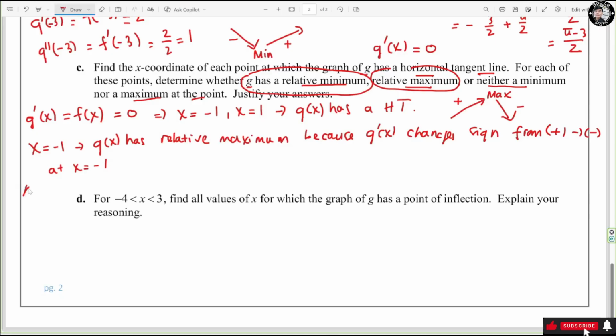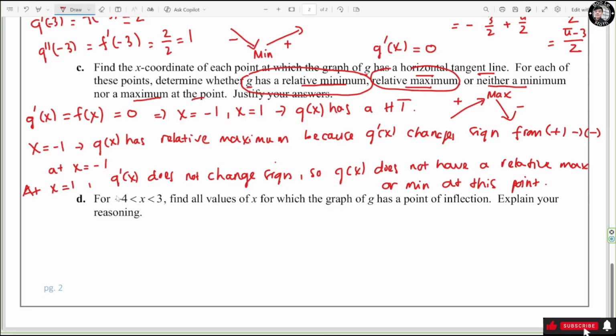At s equals 1, g prime of s does not change sign, so the function g of s does not have a relative maximum nor minimum at this point.